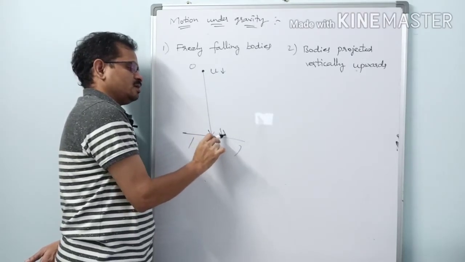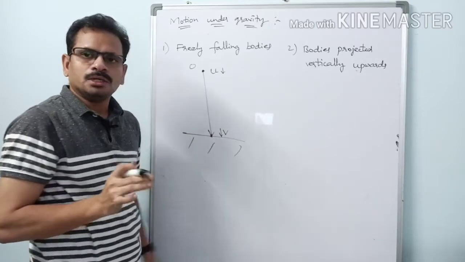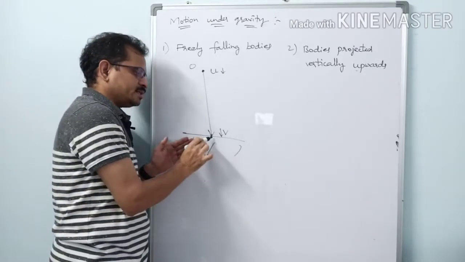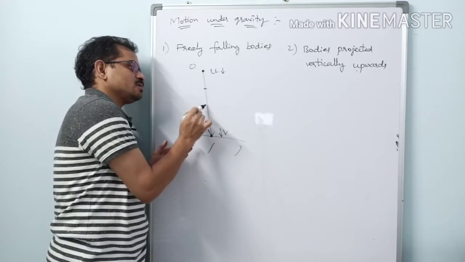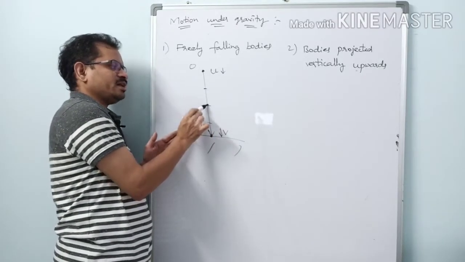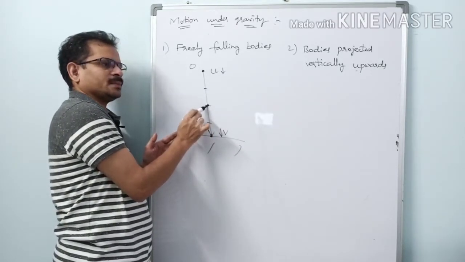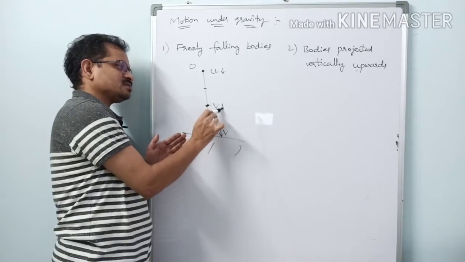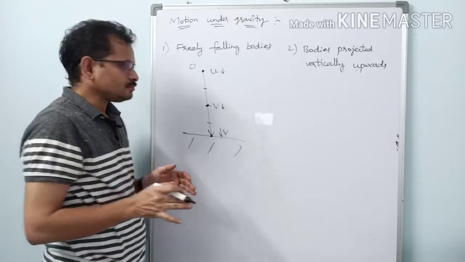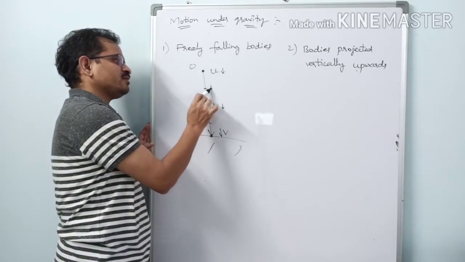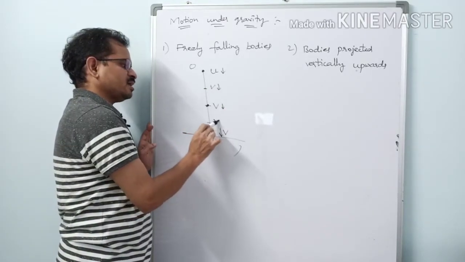Here final velocity v is downwards. Don't think that final velocity means only the velocity at the position where it reaches the ground. If you are asked to find the velocity at this point, then that will be the final velocity. Final velocity depends upon our problem.